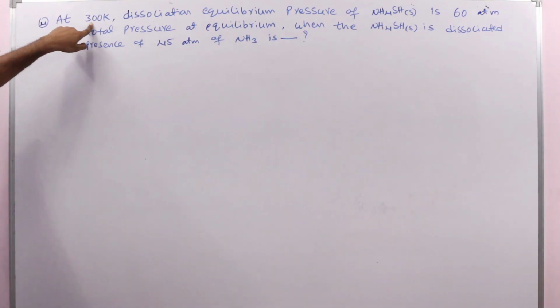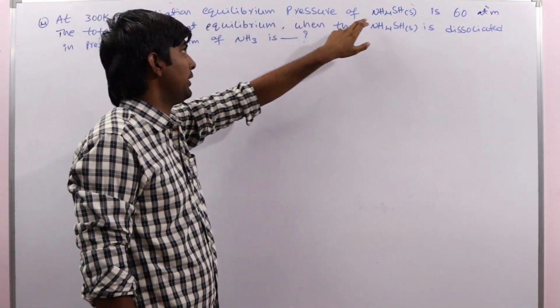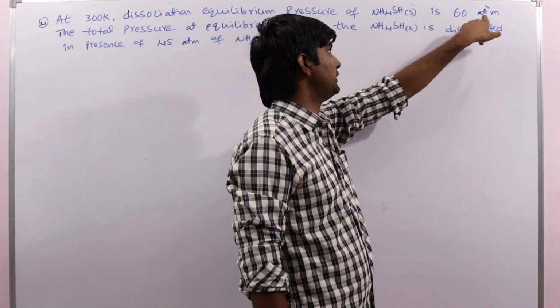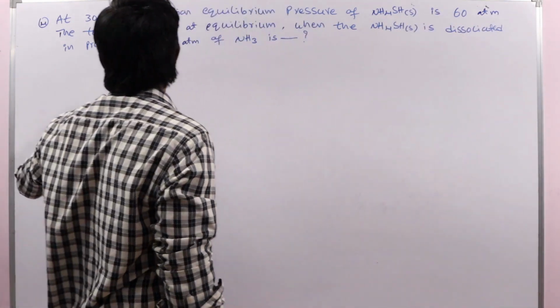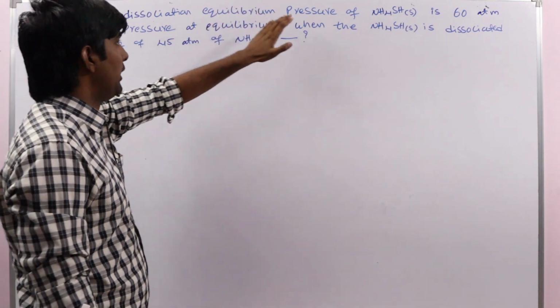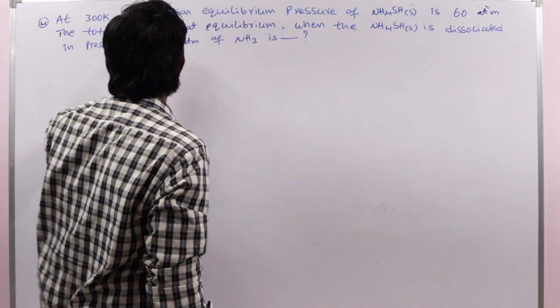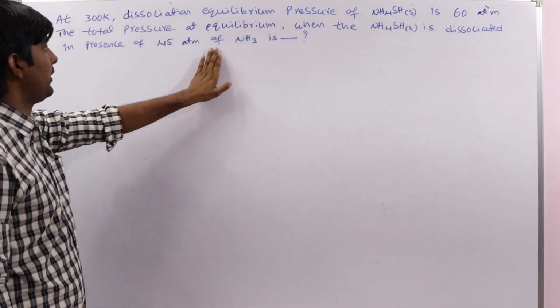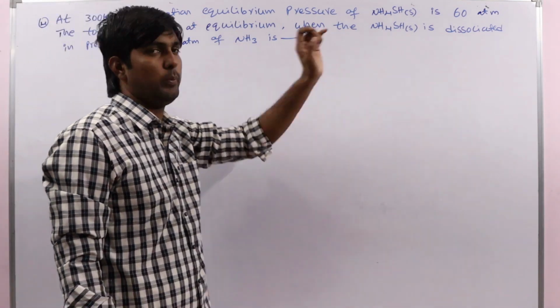At 300 Kelvin, the dissociation equilibrium pressure of NH4SH is 60 atmosphere. The total pressure at equilibrium when the NH4SH is dissociated in presence of 45 atmosphere of NH3 is how much?